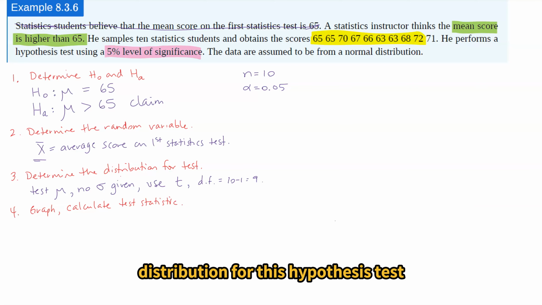If I use my good old scientific calculator to do this, I'm going to use lots of parentheses here. I want to make sure there's a parentheses around my numerator and around my denominator. 67 minus 65 divided by parentheses 3.1972 divided by, my calculator is a little strange.